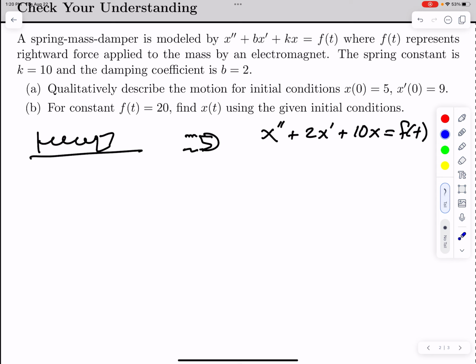All right, so the question says, qualitatively describe the motion for given initial conditions and then solve the differential equation. So let's take it term by term here.